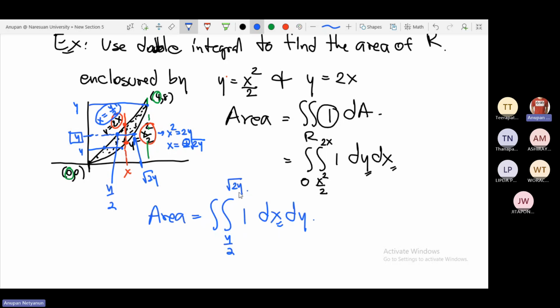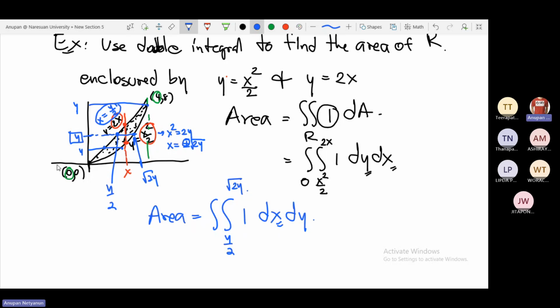And you can see that for this region, if you want to find the running number for y, you have to ask yourself, this region sweeps from which y to which y?